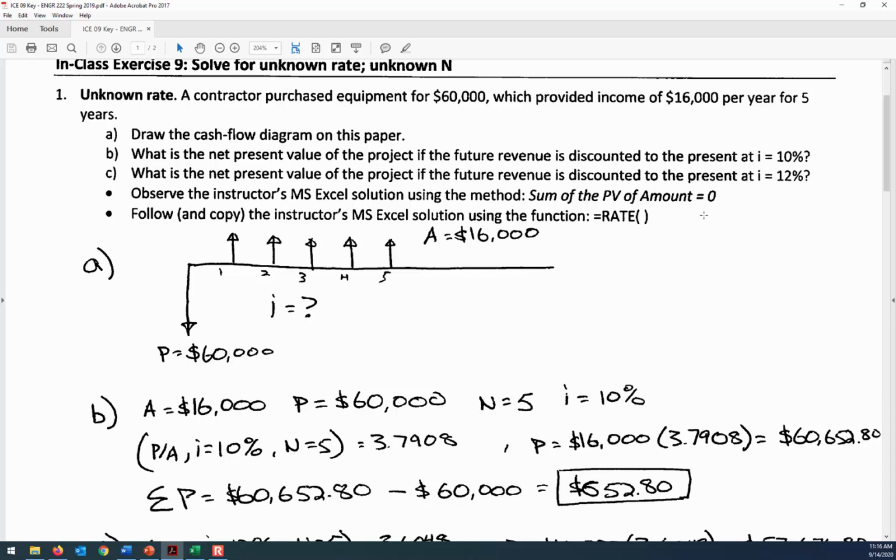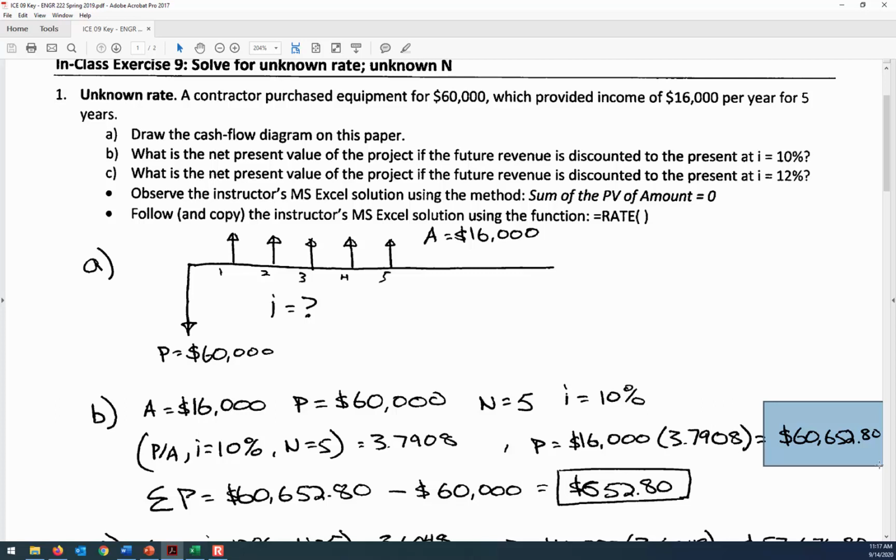Now in part B, what we're doing is find P given A at 10% for 5 years, and so we can look up the factor from the factor table, and multiplying that by the magnitude of the annual series, 16,000, that tells us it's 60,652 and 80 cents, just like Jonathan mentioned.